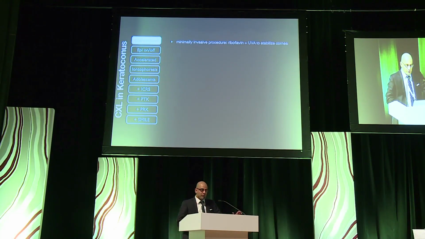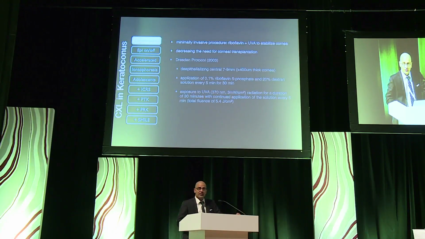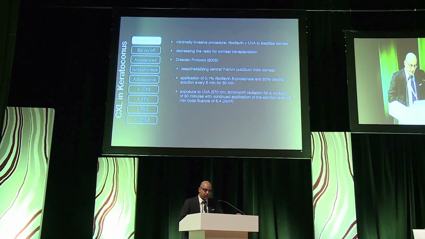So for conventional, this is a minimally invasive procedure where we use riboflavin and UVA to stabilize a progressing cornea. And with this, we found that in many parts of the world there's been a decreasing need for corneal transplantation. The Dresden protocol came out in 2003, where they applied riboflavin and then used about 30 minutes of UVA light exposure.